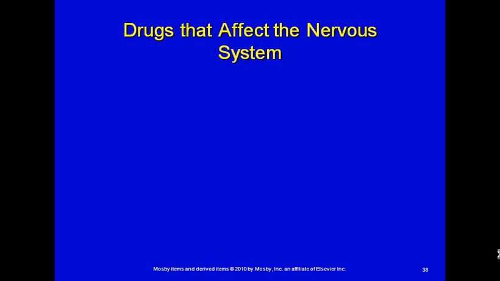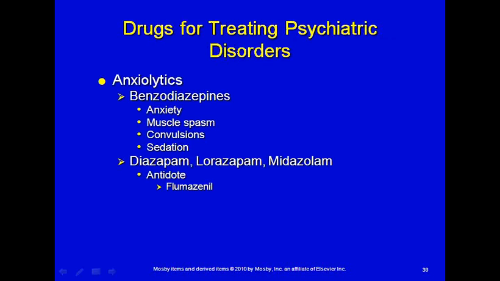Drugs that affect the nervous system include anxiolytics, and the most common anxiolytics, or drugs that we give to relieve anxiety, are your benzodiazepines. We give those for anxiety, for muscle spasms, to terminate seizures, and also as part of conscious sedation. They include diazepam, lorazepam, and midazolam.